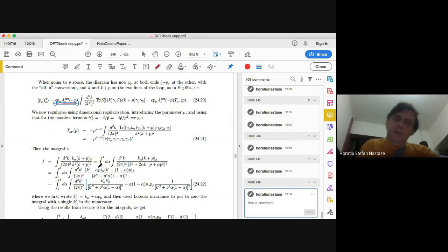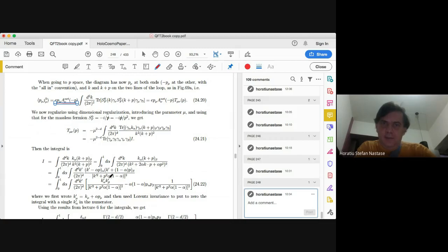As usual, we do the Feynman parametrization. So I write this product of denominators, k squared, k plus p squared, as one denominator squared, k squared plus 2 alpha k p plus alpha p squared, squared, with integral from 0 to 1 over alpha.